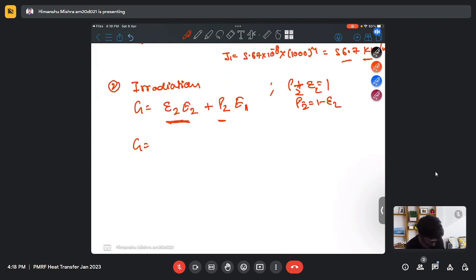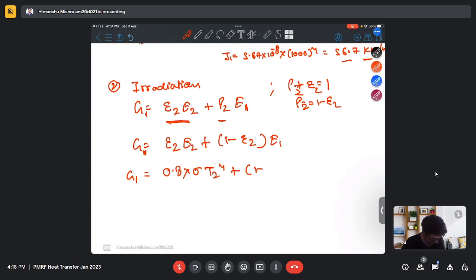I can write the irradiation at surface 1 as energy from surface 2 and energy from surface 1. So E2 is 0.8, and energy from surface 2 will be sigma T to the power 4. This is 0.8. This is sigma T1 to the power 4.